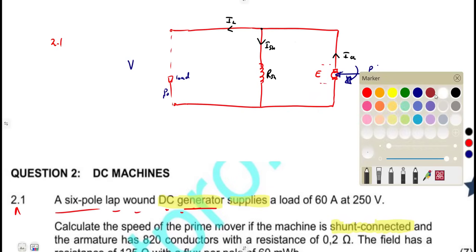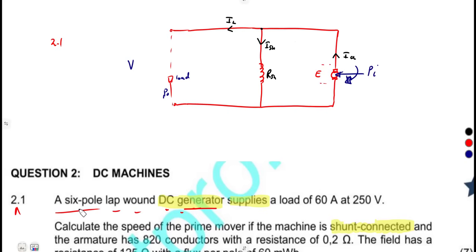But according to this information, there are a lot of things that were given. They're saying it's a 6-pole. So with 6 poles, the pole pairs are 6/2, which is 3. So you've got 3 pairs, all right? The load current is given here as 60 amperes, and the voltage is 250 volts, all right?